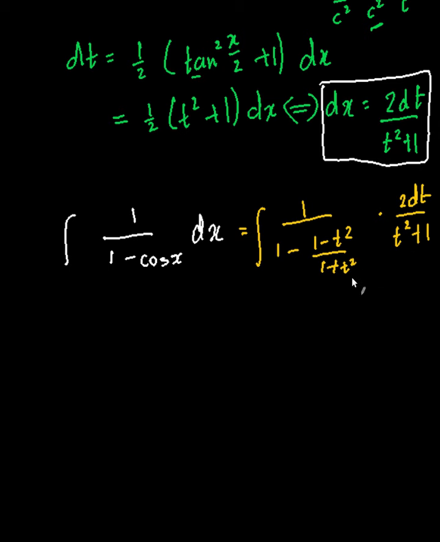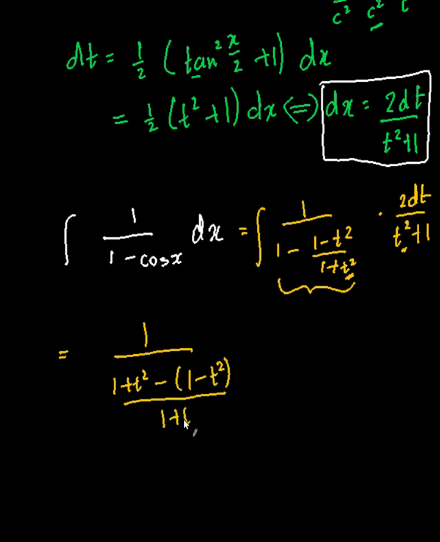Right, we'll eventually be able to cross off this thing with this t squared plus 1, but let's simplify before we do anything. So I'm going to make this bit one single fraction right at the bottom. So it's going to be 1 over 1 plus t squared minus, in brackets, 1 minus t squared, all over 1 plus t squared, and times 2 dt over t squared plus 1.